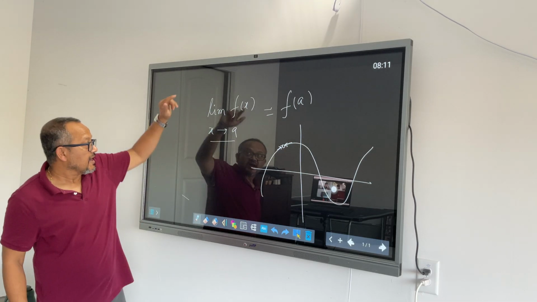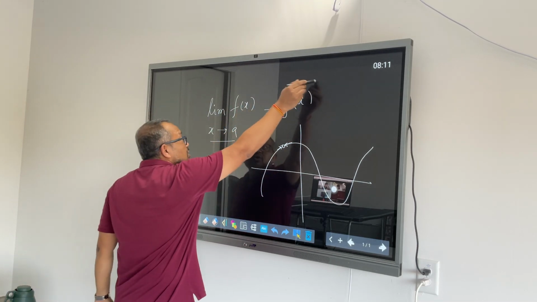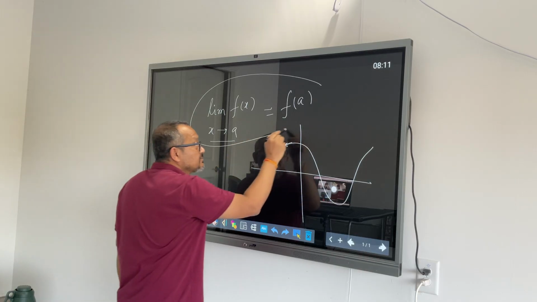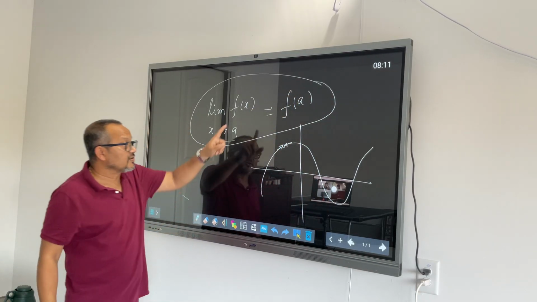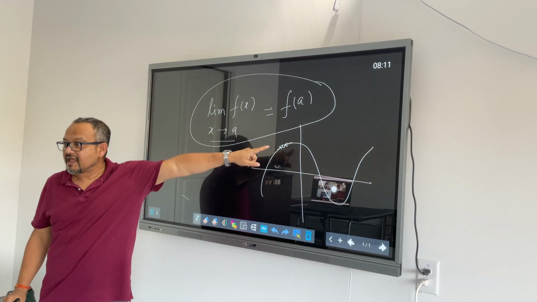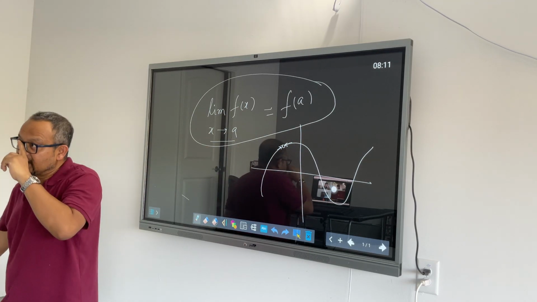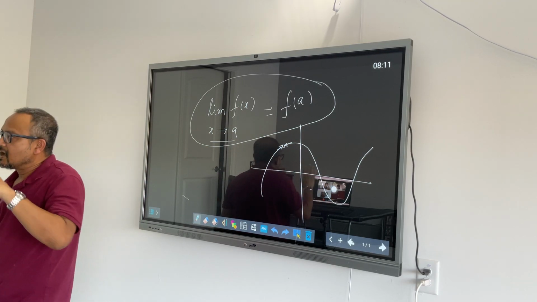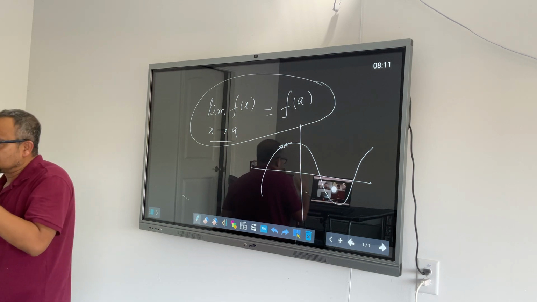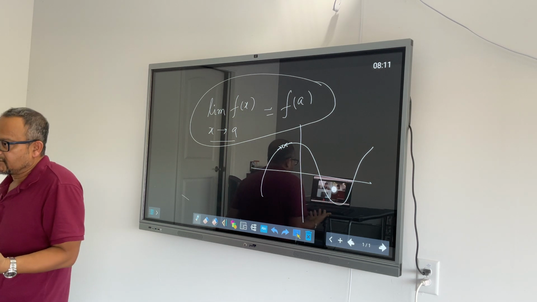So this statement holds true under every circumstance unless your function breaks at that point. Whenever you are looking at any function, the first thing you have to do, and this is more of a strategy, is figure out how to find the limit.